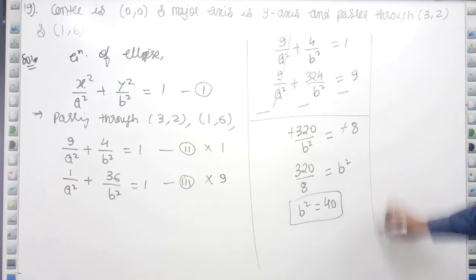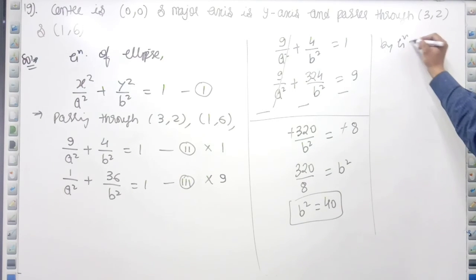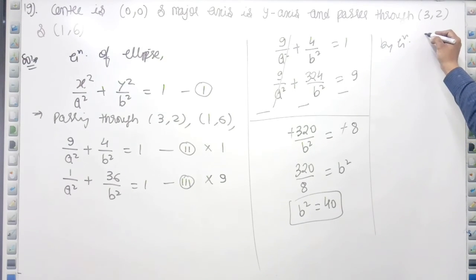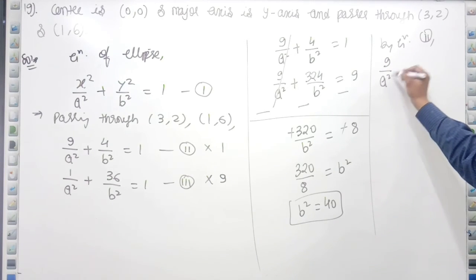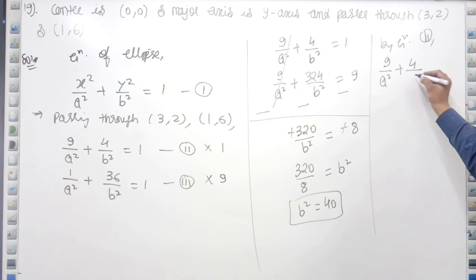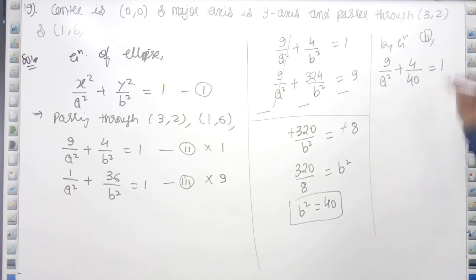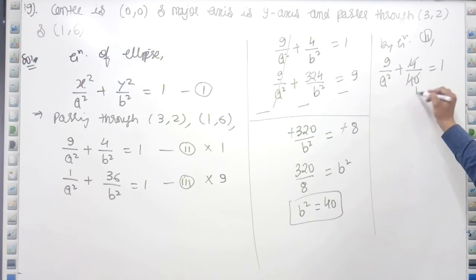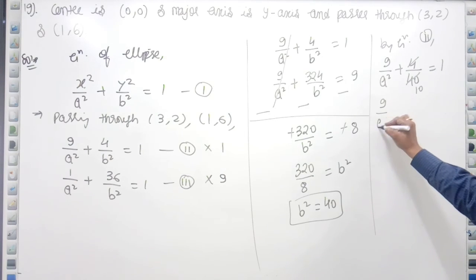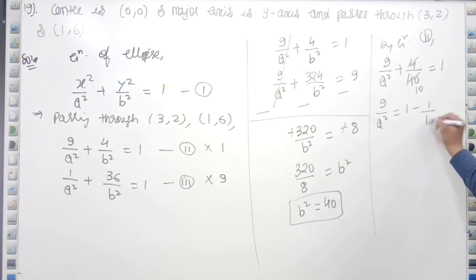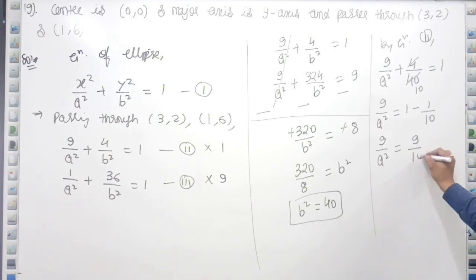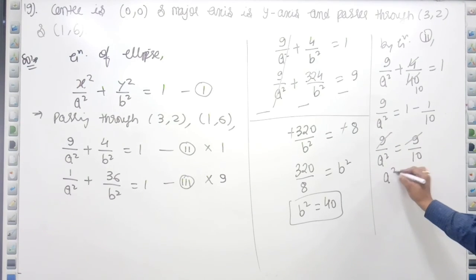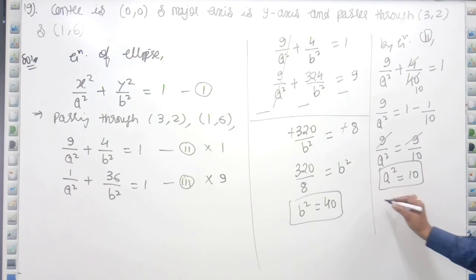Now by equation number 2, 9 by a square plus 4 by b square, with b square 40, is 1. 4 goes into 40 how many times? 10 times. 9 by a square equal to 1 minus 1 by 10. 9 by a square equal to 9 by 10. 9 and 9 cancel, a square is 10. Now a square 10, b square 40.